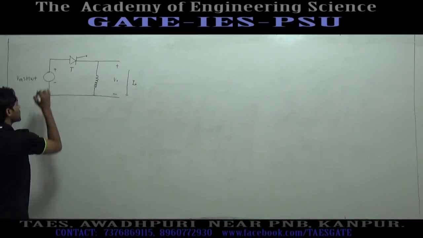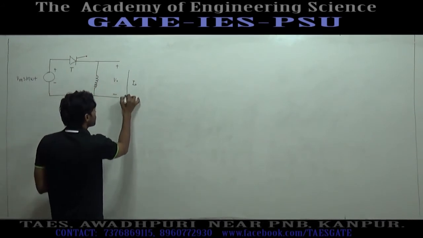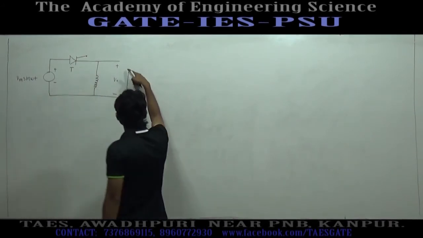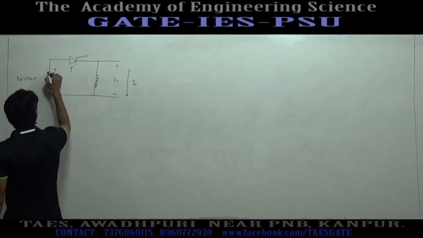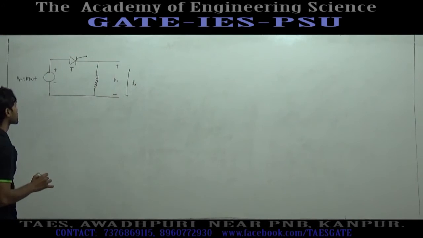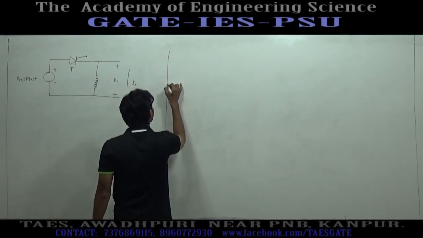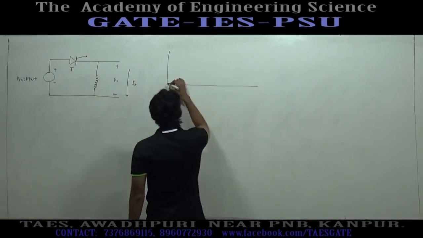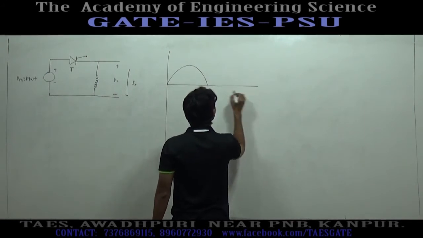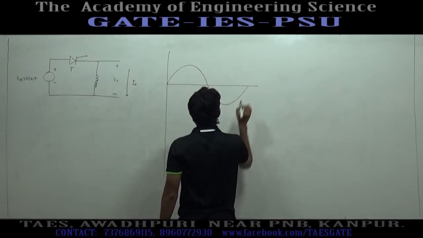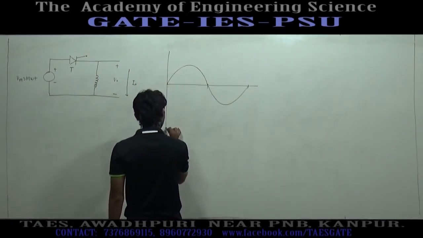This is input reference voltage, the output reference voltage is this, and the output reference current is from positive reference output voltage to negative reference output voltage. In this case also we will draw input voltage, this is omega t equal to pi, this is omega t equal to 2 pi.